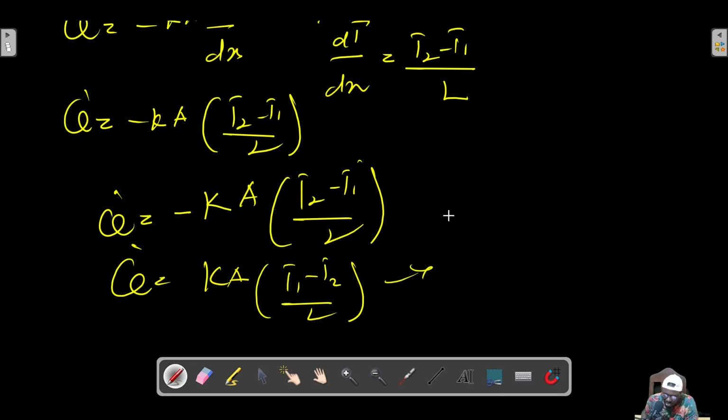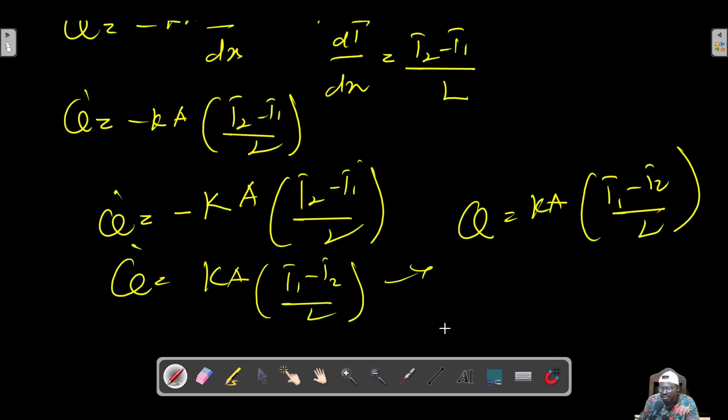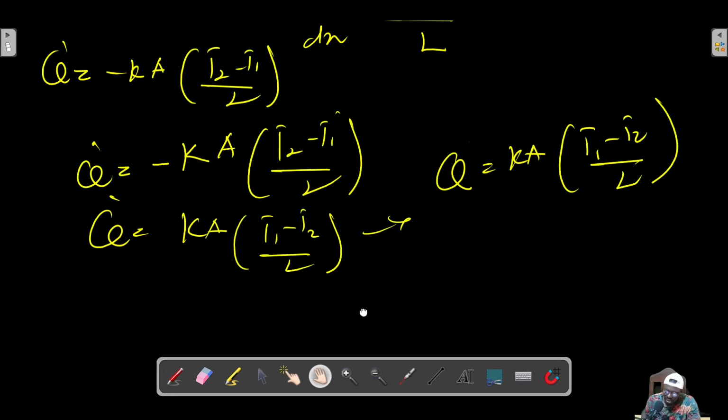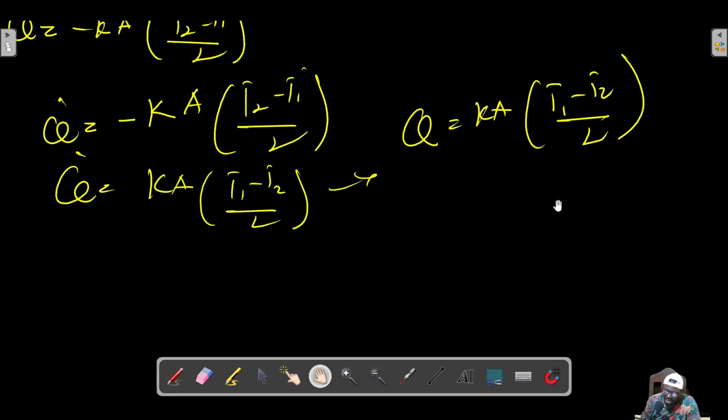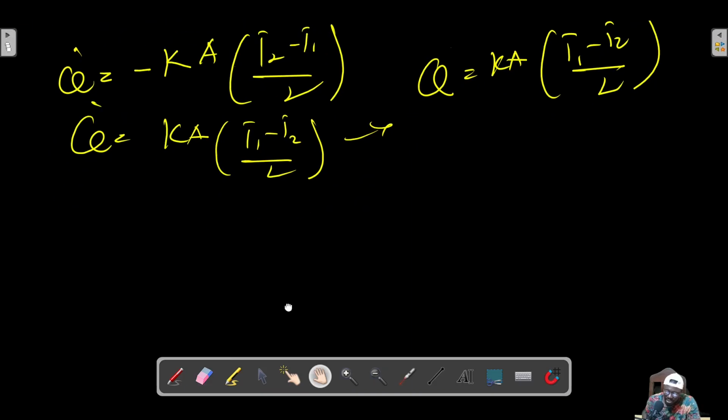So my Q is equal to KA, that is T1 minus T2 on L.